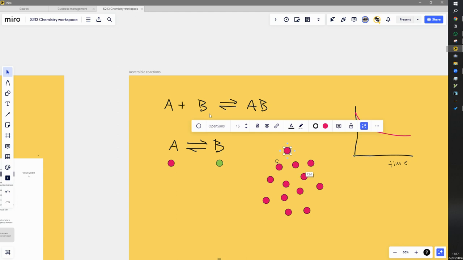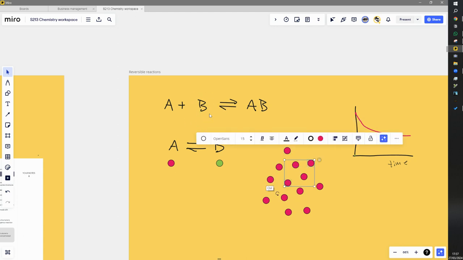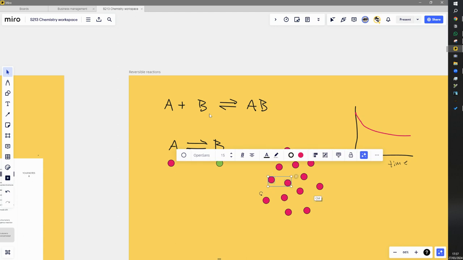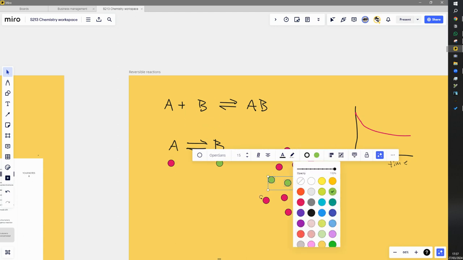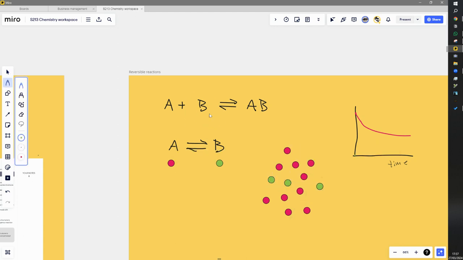However, as more and more B appears from the forward reaction, it now has the possibility to react. There's not much of it around, so it only reacts a little bit, but as time goes on, more appears and it reacts a little more. Eventually, it gets to a point where the rate of the forward reaction is the same as the rate of the reverse reaction.